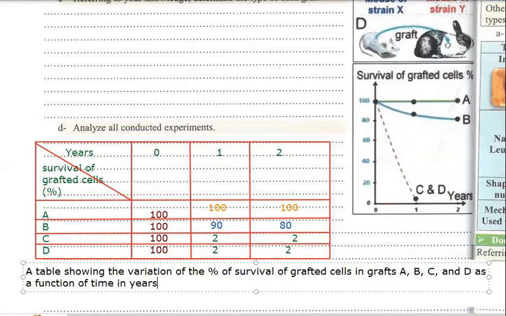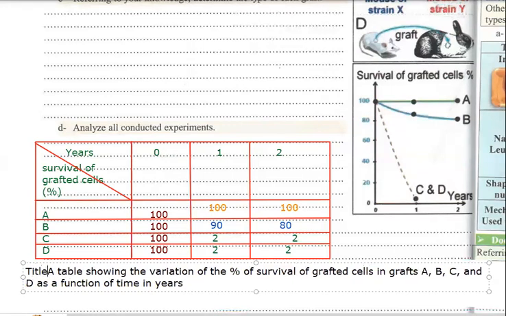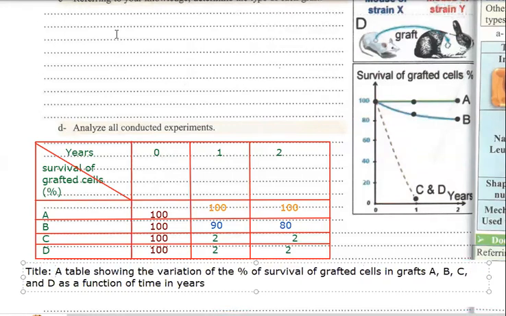This is the title of the table. We should never forget to add a title for the table. Okay? This is all for today. Thank you for watching and following.